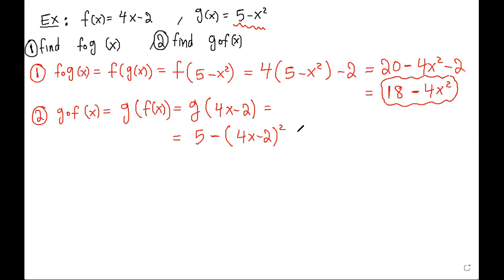Nice. Now this is equal 5 minus, square this first one, 16x squared, minus 2 times this, 2 times 4 is 8 times 2 is 16, times x plus 4.